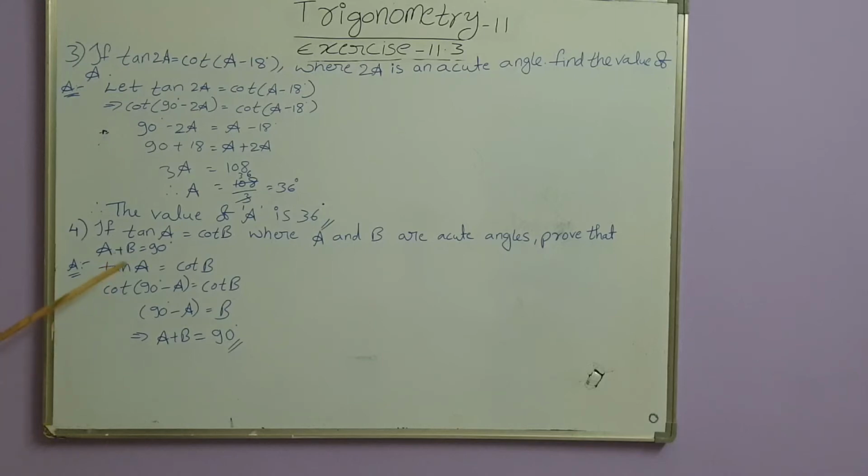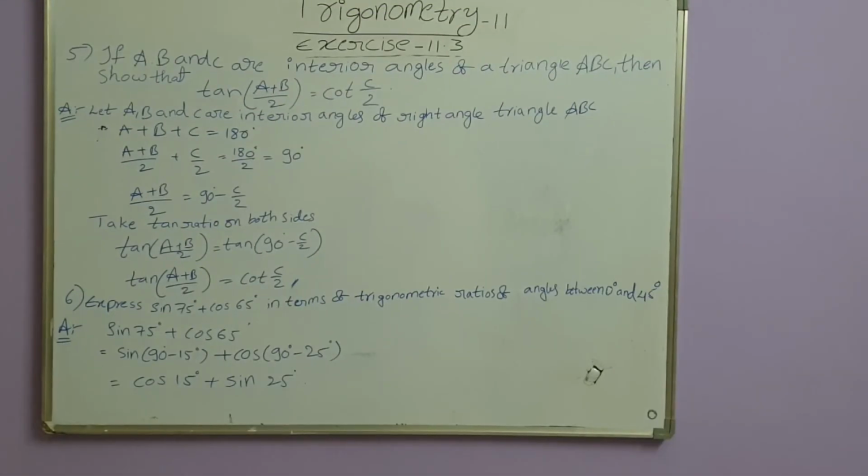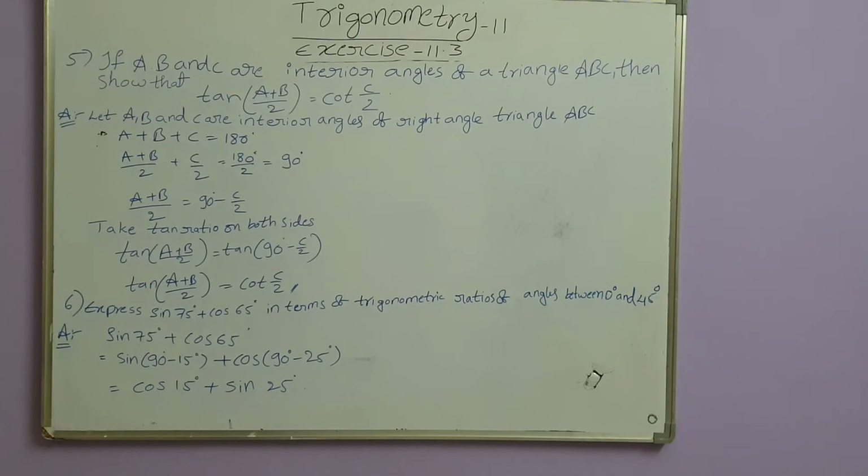Given tan A is equal to cot B. Write tan A in cot form: cot of 90 degrees minus A is equal to cot B. These two cots cancel. 90 degrees minus A is equal to B. So taking A to this side, A plus B is equal to 90 degrees. This is proved.